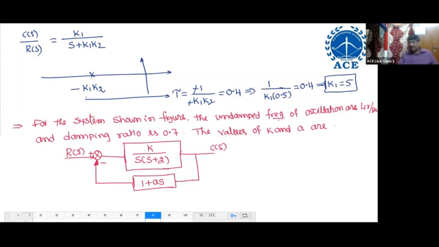Find the K and A values. Find K and A. 16.22.